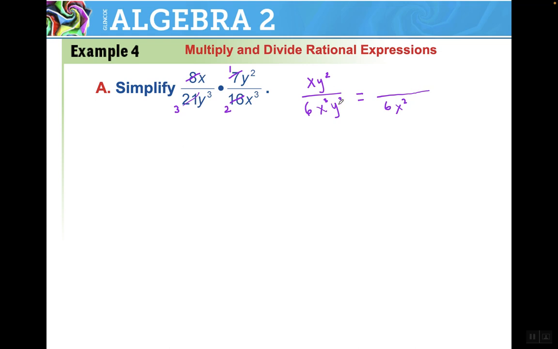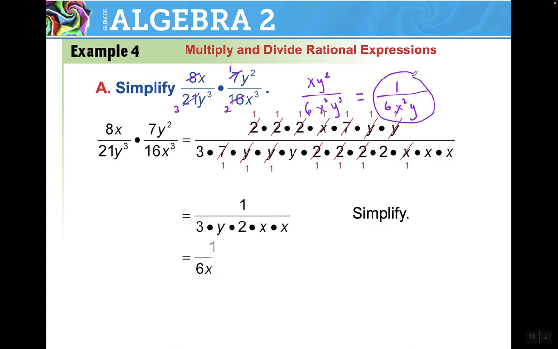And then I am left with y to the first on the bottom, because when you take out y squared, you're just left with y to the first. So since there's just a 1 on top, this should be our answer. And you can look at the way they did it as well. They factored everything, and if that makes sense to you, you certainly can do it that way.